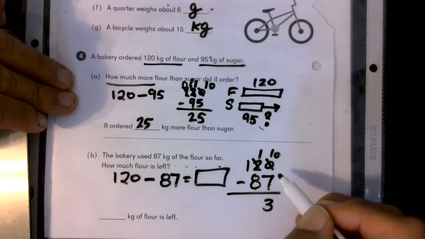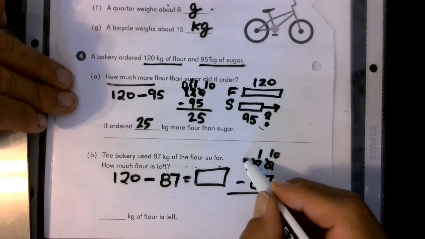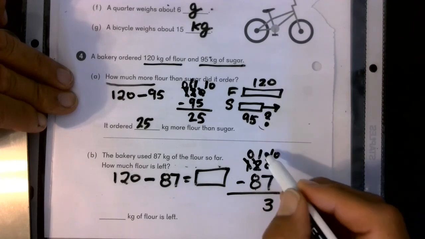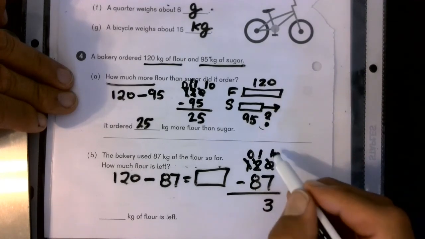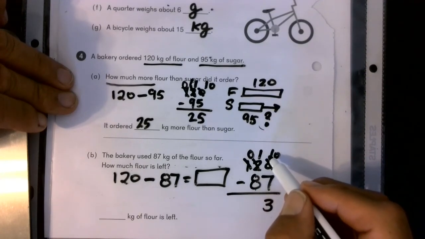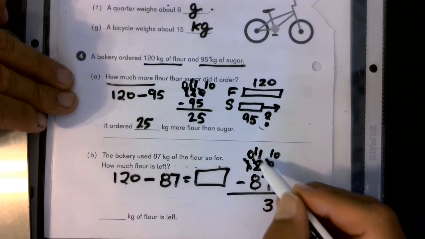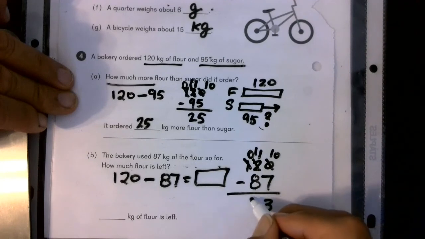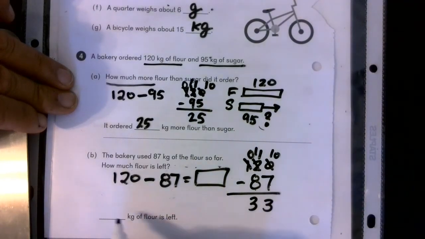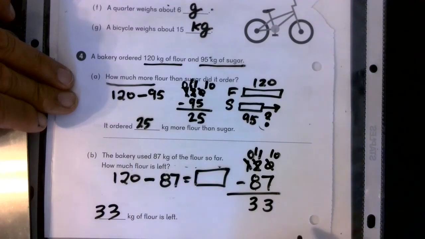If you said no, you're correct. We have to regroup again. Go to the hundreds. Take 100. So 100 makes 10 tens. Plus 110 will give us what? 11. So 11 minus 8 will become 3. So there's 33 kilograms of flour left.